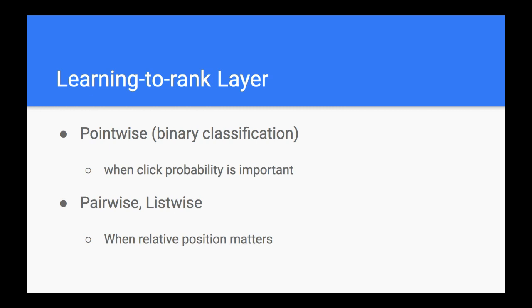And for the pairwise and the listwise, it's slightly more complex. For pairwise, you consider 2 documents at once, and for the listwise, you consider a lot of documents at once. Like in my example, there are 10 documents, so you consider those 10 documents at once in your loss function.